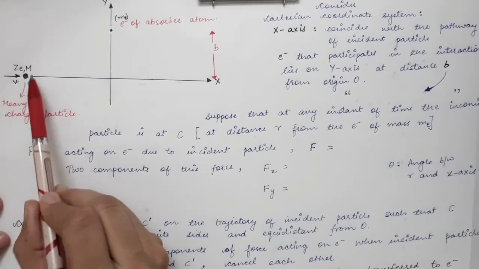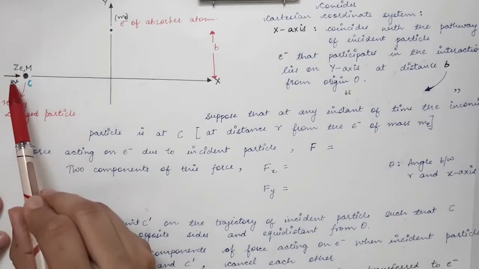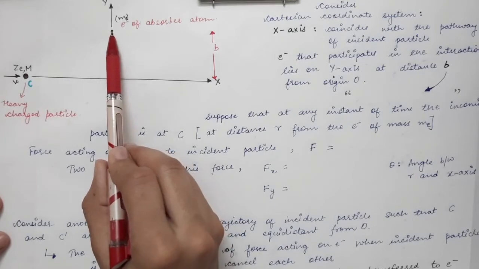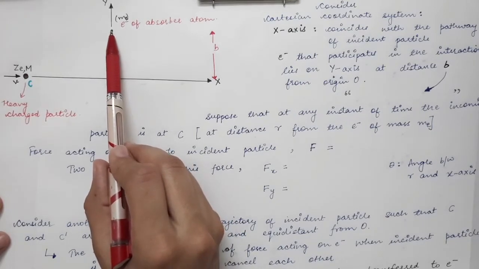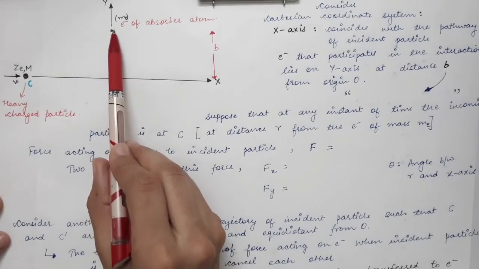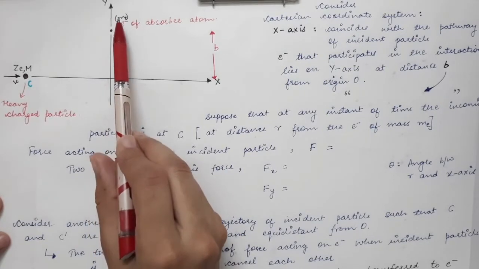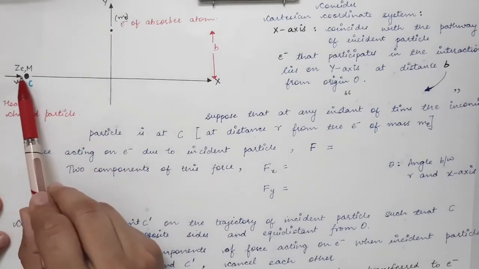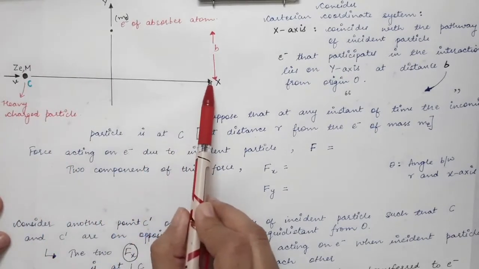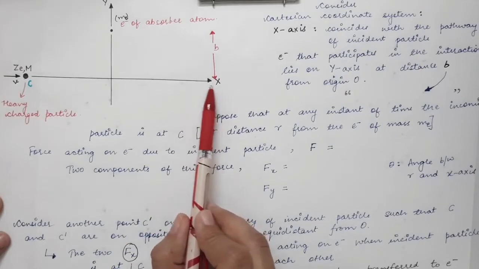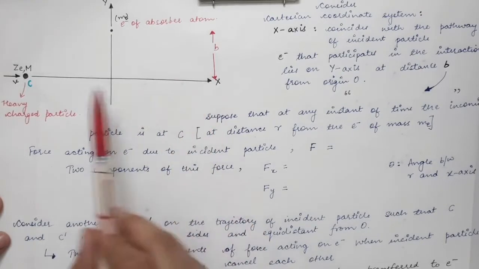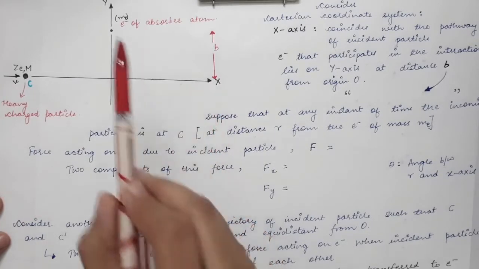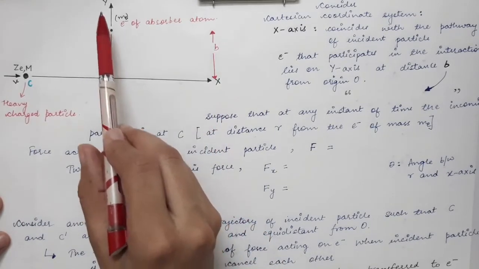This charged particle is entering the medium with a certain velocity v, and here I have shown the electron which is present in the medium. At this instant I am taking a single electron, and the mass of this electron is m_e. The heavy charged particle is moving along the x-axis, and the electron is considered to be present on the y-axis.